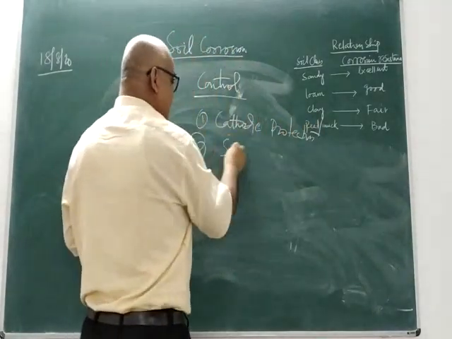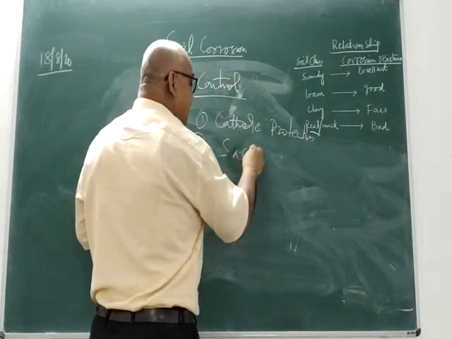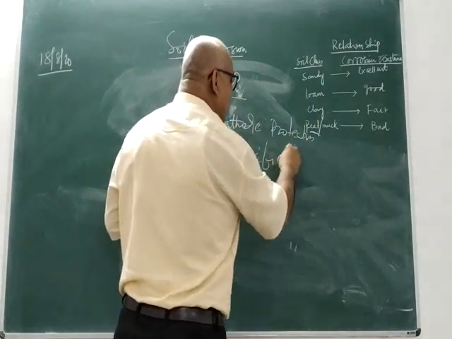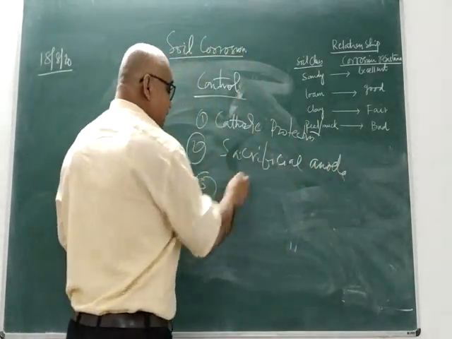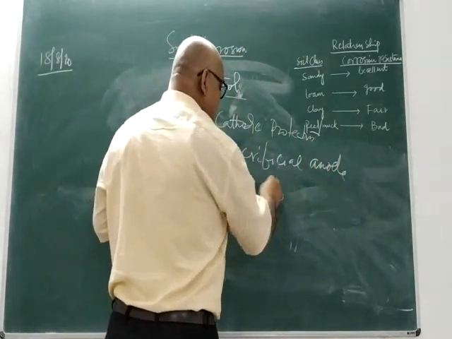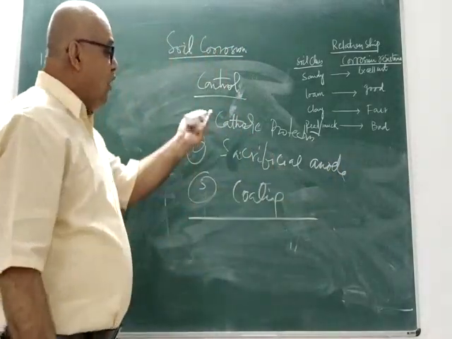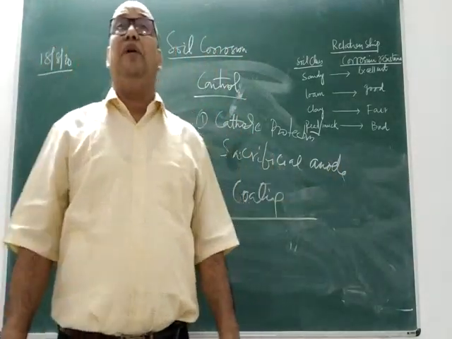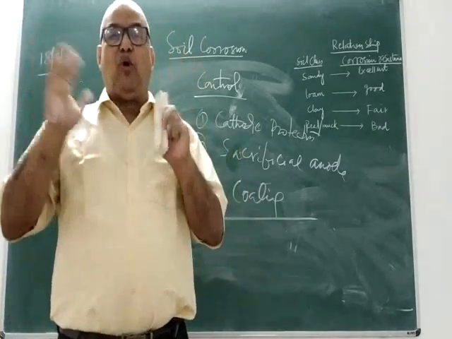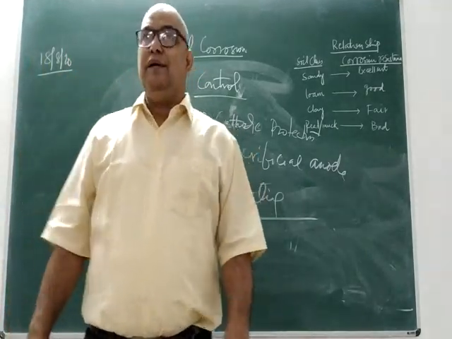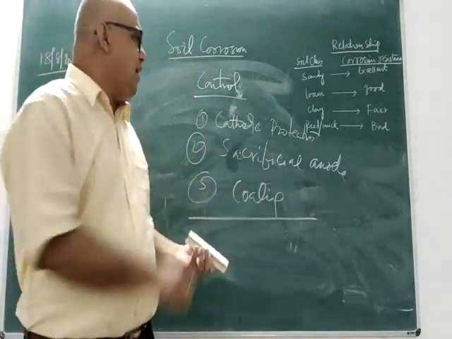Number two is sacrificial anode. And number three is coating. Actually, all these three things we'll be discussing in detail when we talk about corrosion control. I am just giving some idea.